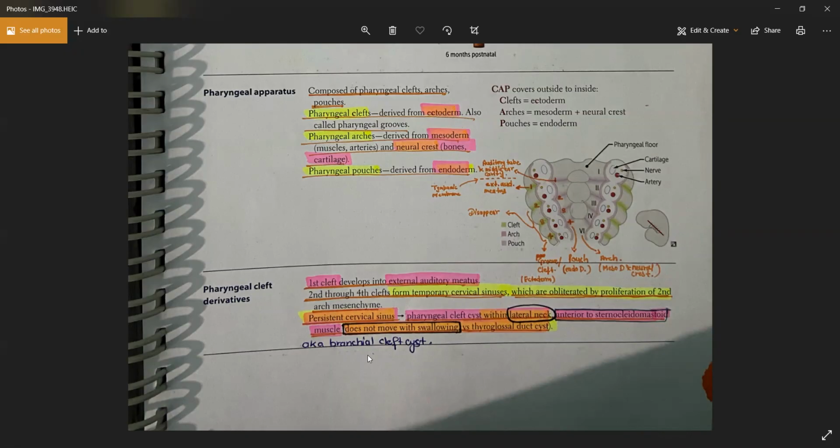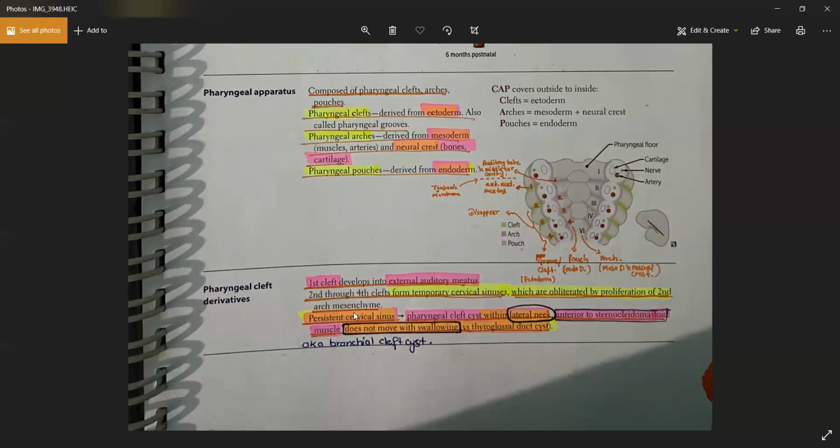My second question: is the thyroid cyst a type of cervical sinus, or is that a completely different thing? There are three different types of cysts: the cervical sinus, the dermoid, and the thyroglossal. You're asking whether the thyroglossal duct cyst is a part of the cervical sinus.